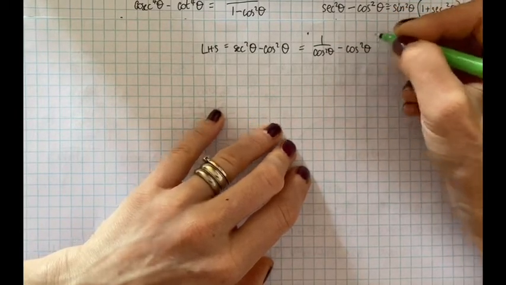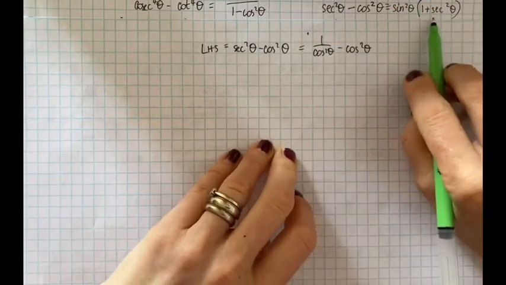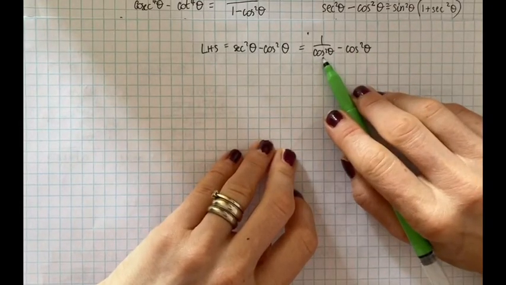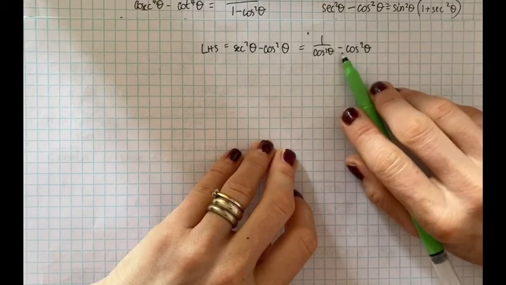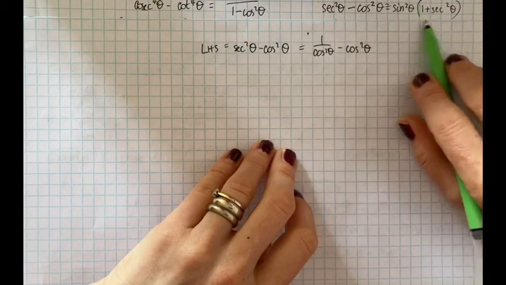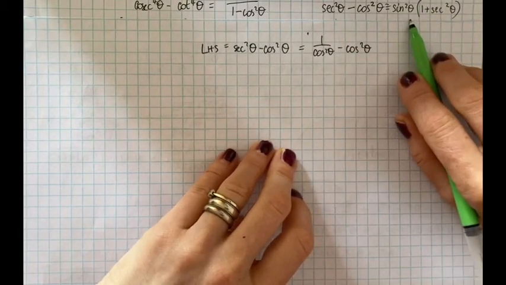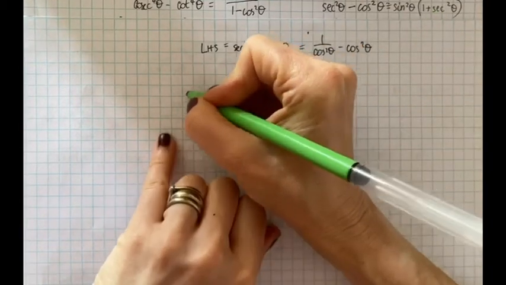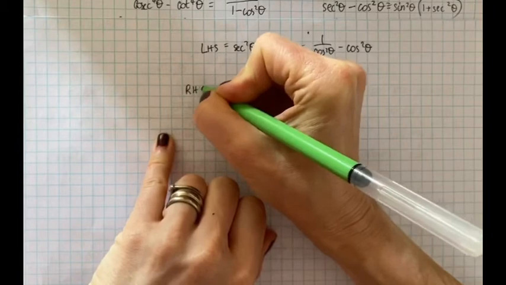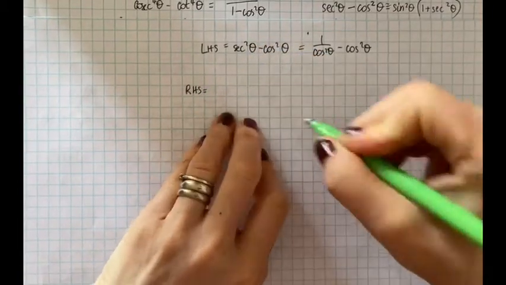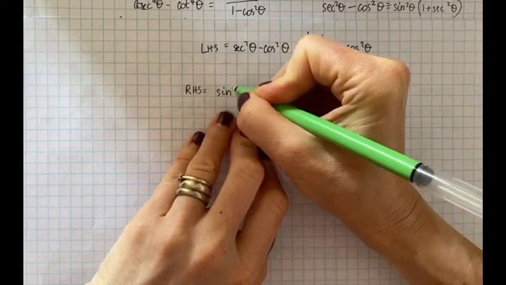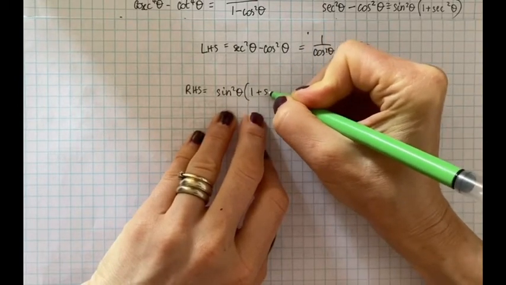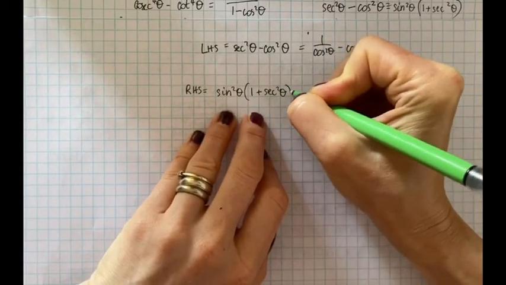But then you might think, well, that's wrong because I want to keep my sec. So why am I changing into cos? Well, that's fine. You can change that because you can change the right-hand side into sine and cos. And then hopefully, like in the example before, the sines will somehow be able to be replaced with cos. So that's what I'm going to try and do.